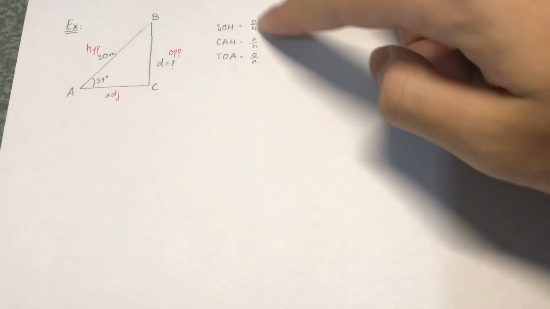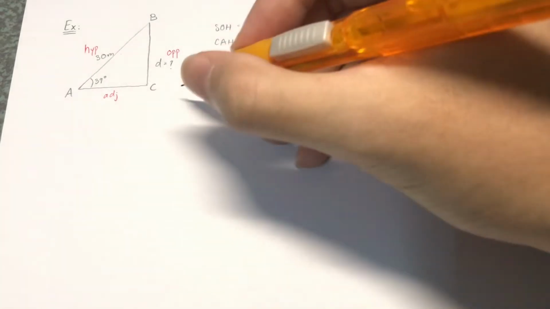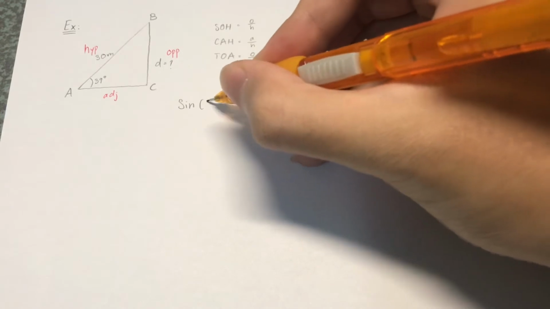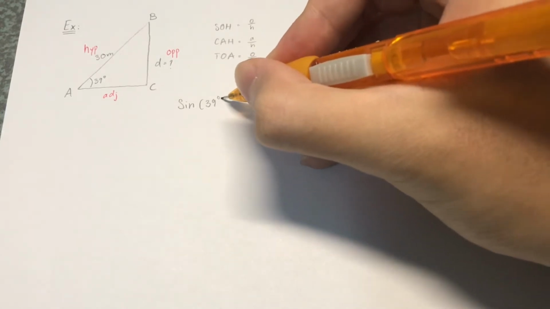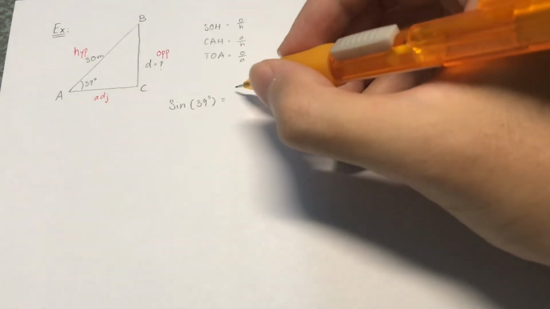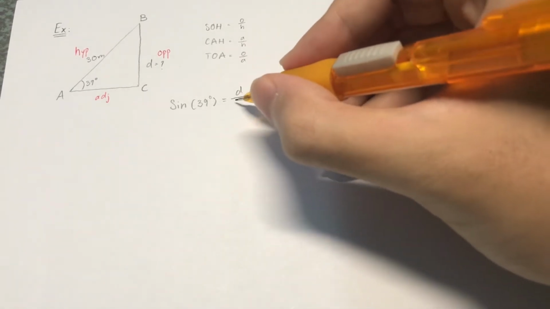Opposite over the hypotenuse is SOH, or sine. So we are going to write sine 39 degrees equals opposite over hypotenuse. Opposite is D, over hypotenuse is 30.